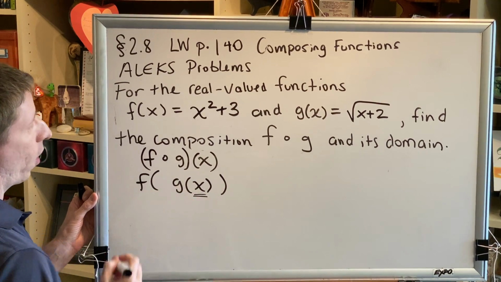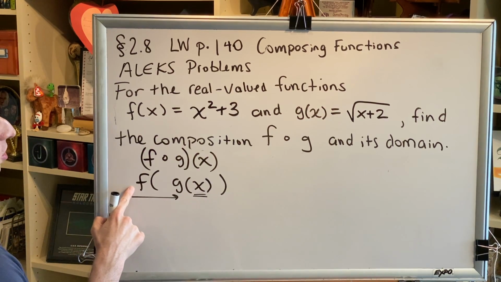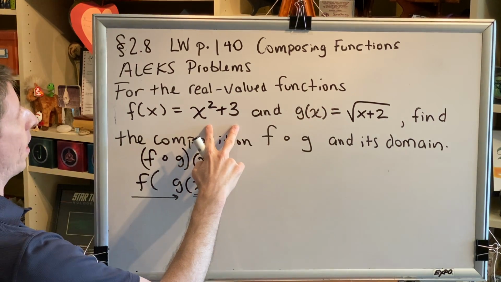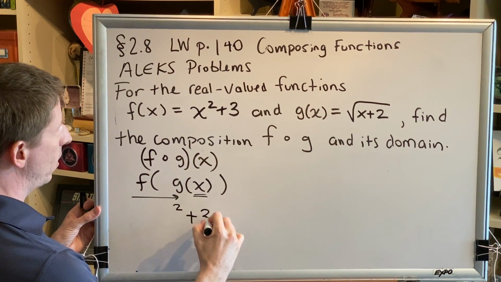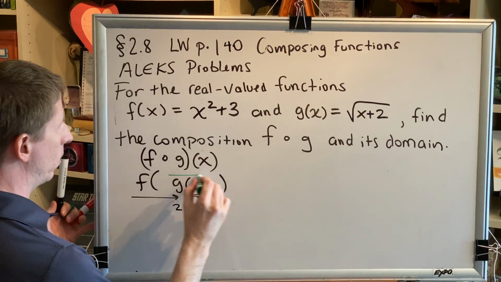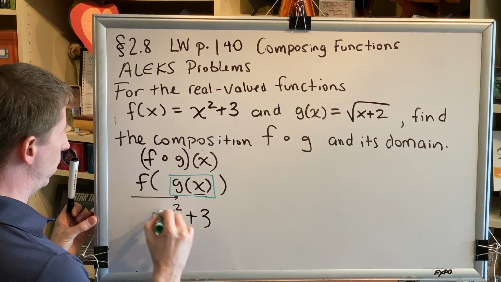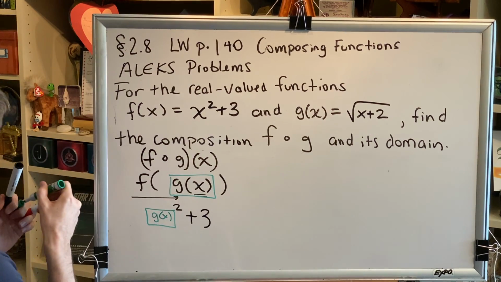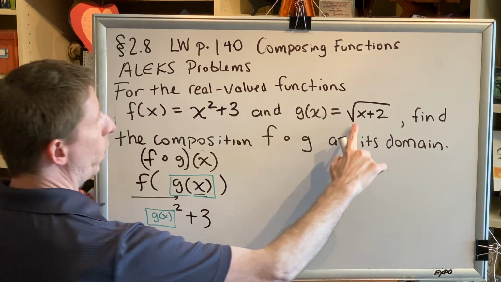We have a variable for our input, so we work from the outside in. That means we start with function f, specifically the right-hand side, and we write what we see on the right-hand side. But everywhere we see an x, we're going to put g of x instead. Substituting for g of x, we have the following.